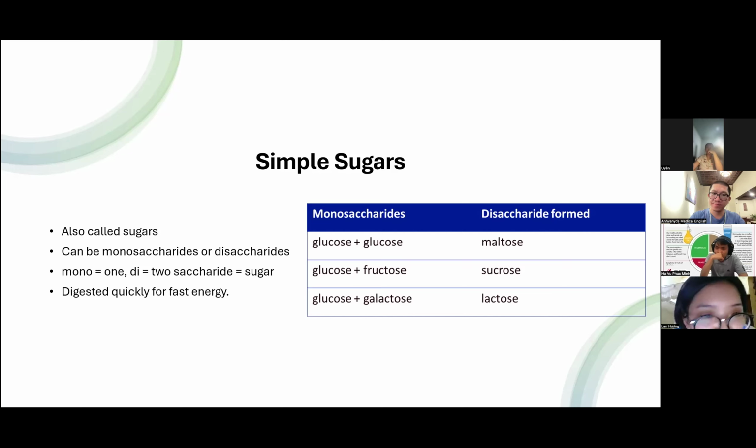I will help you understand simple sugar. Simple sugar, also called sugar, can be classified in terms of type: monosaccharide and disaccharide. When you eat simple sugar, it digests quickly for fast energy.